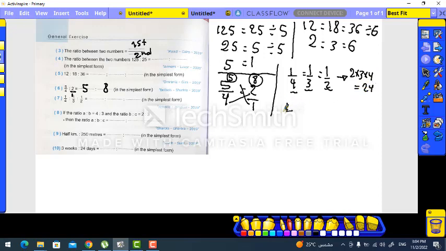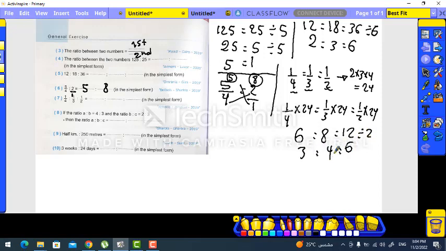So again you can multiply 24 by all the fractions. Here 1 over 3 times 24 and 1 over 2 times 24, it will be now 6 and 8 and 12, divided by 2, it will be 3, it will be 4, it will be 6.